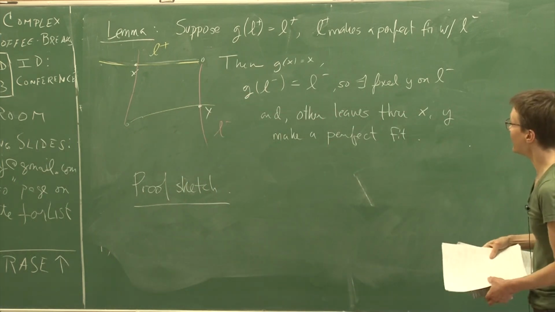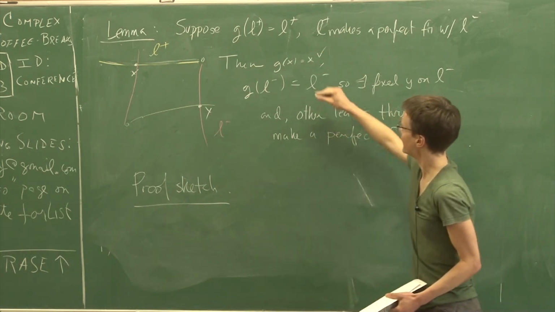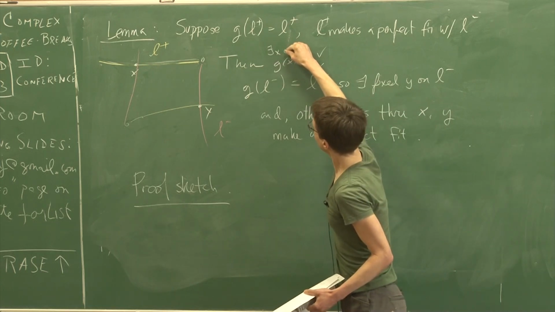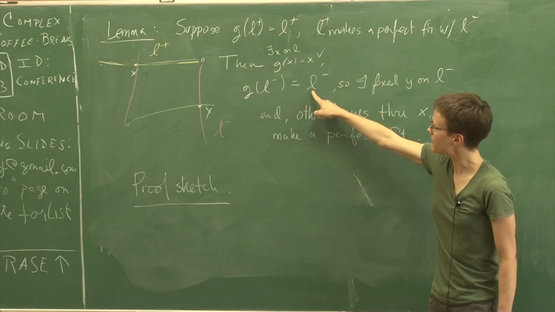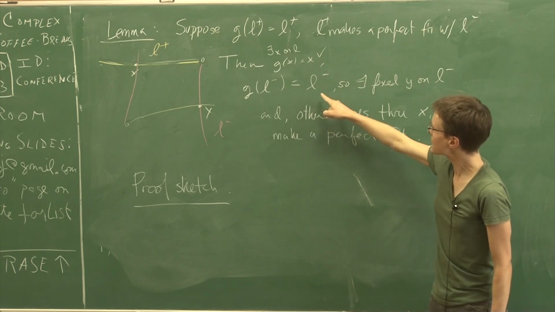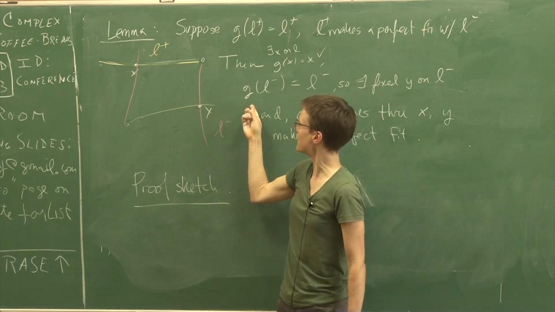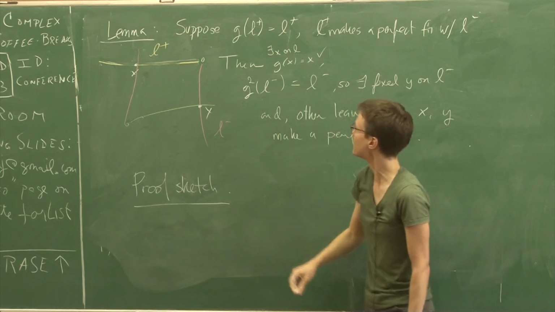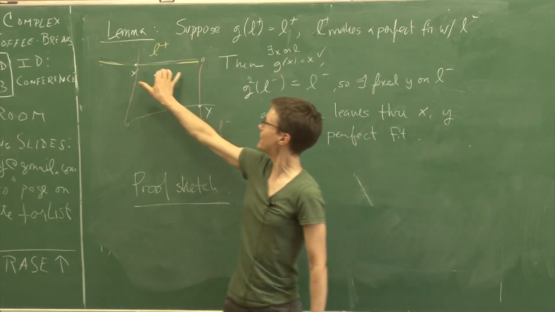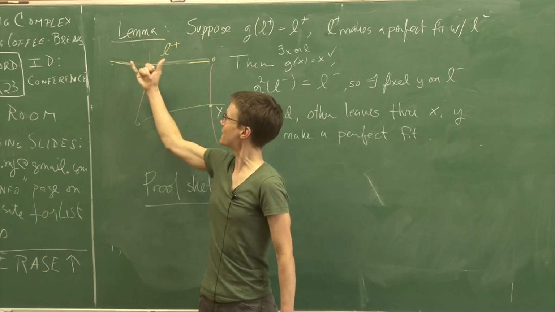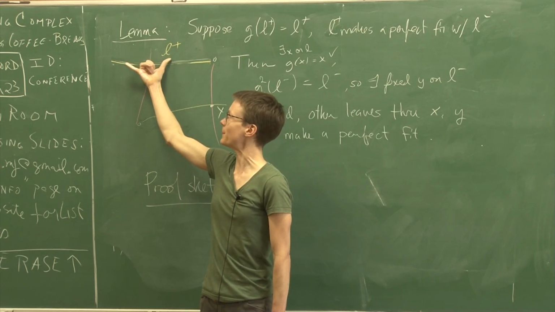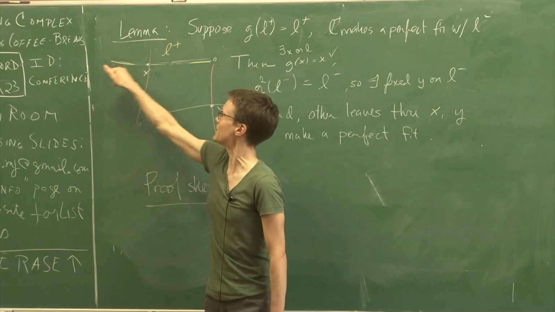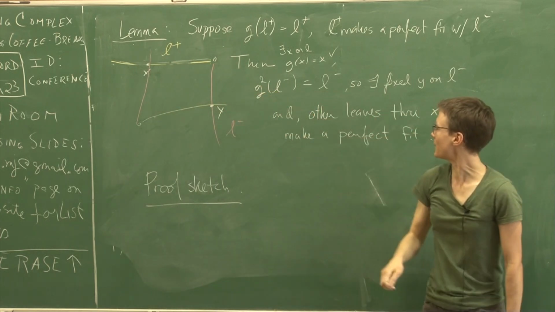So this part is just an axiom. How do I show that this is fixed? I should say up to passing to g squared, so that you're allowed to reverse orientation. I didn't exclude that, so you could have swapped this. But g squared will fix these two ends, so that's really what I should say.